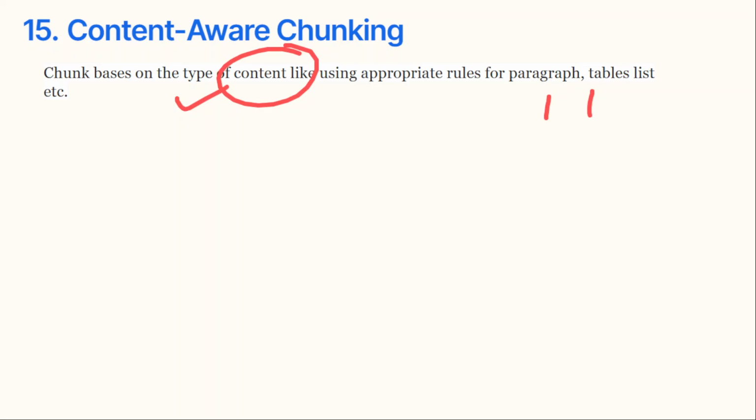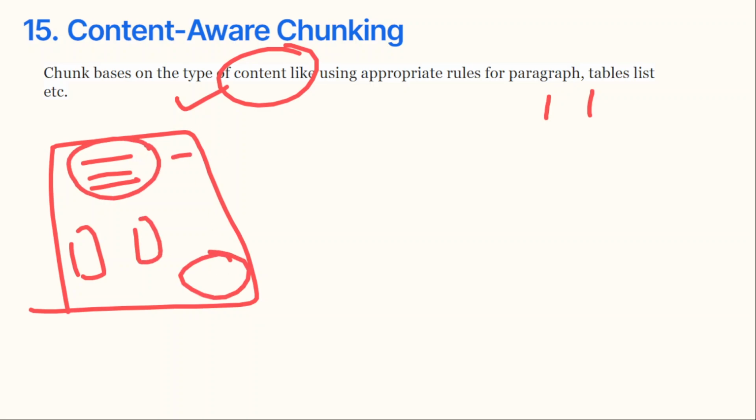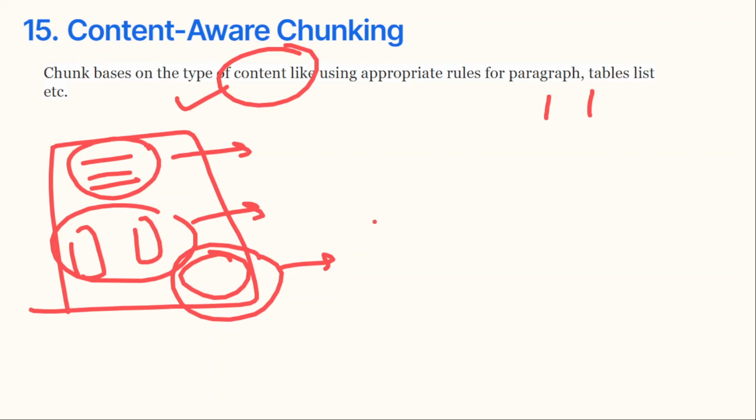When you want chunks that respect the document format or meaning, so tables stay whole or paragraphs stay intact. Let's say you have a document with some paragraphs, a table, and an image. You want all your paragraphs intact, all your tables intact, all your images intact. Then you can use this content-aware chunking. Okay, simple.